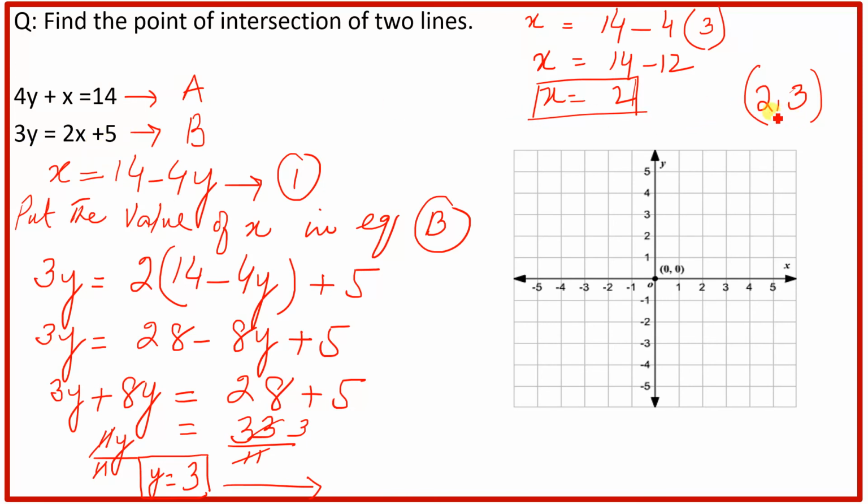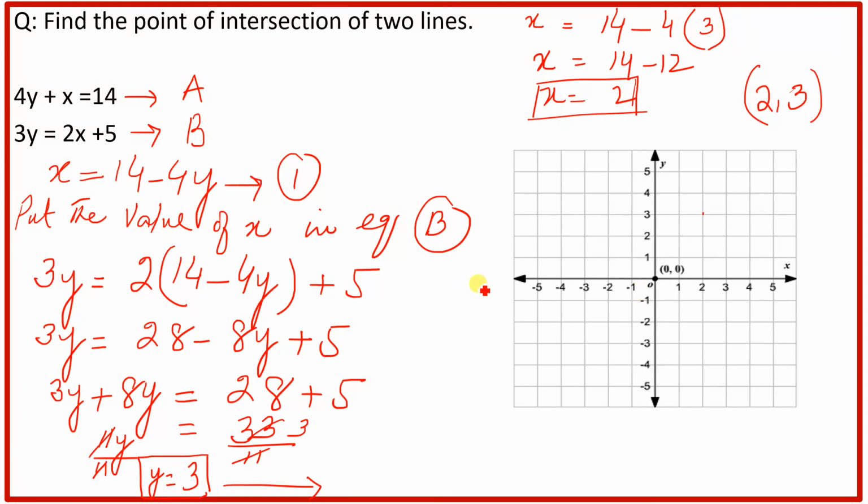It means these are the solution pair of both of these equations. So 2 on the x-axis and 3 on the y-axis. This is our point of intersection.